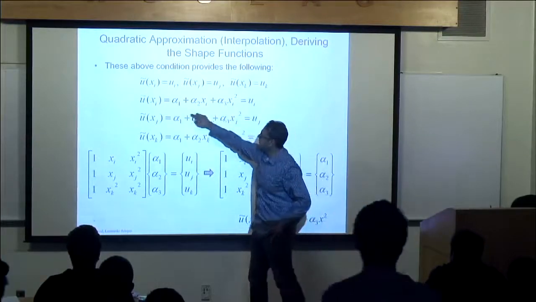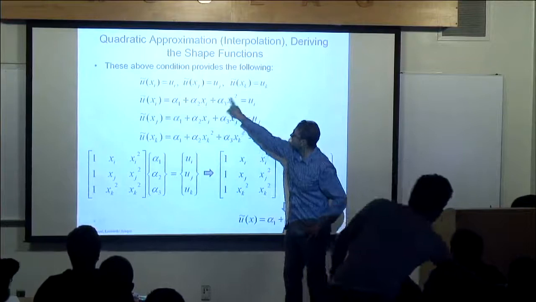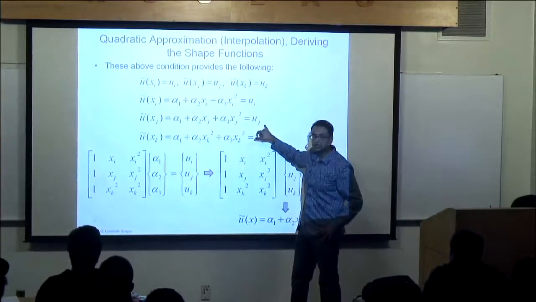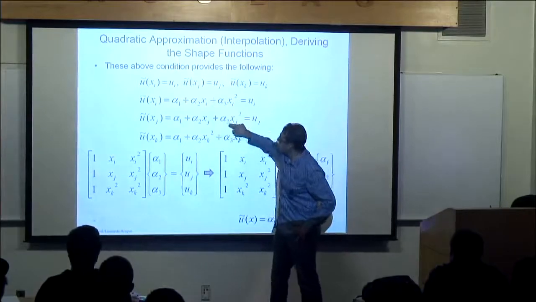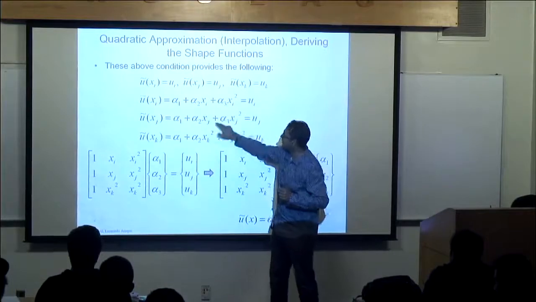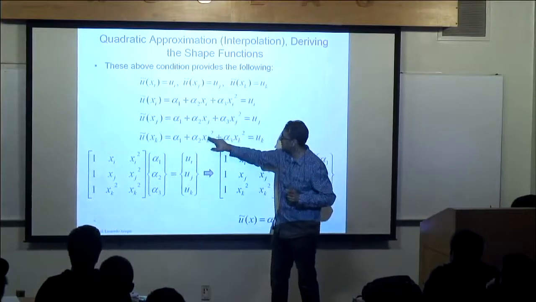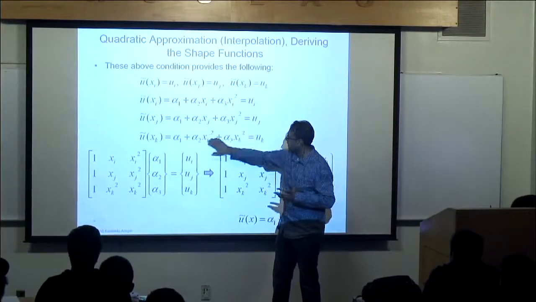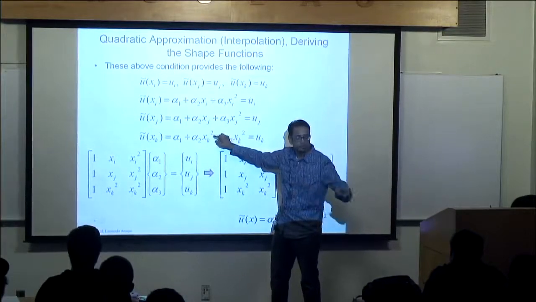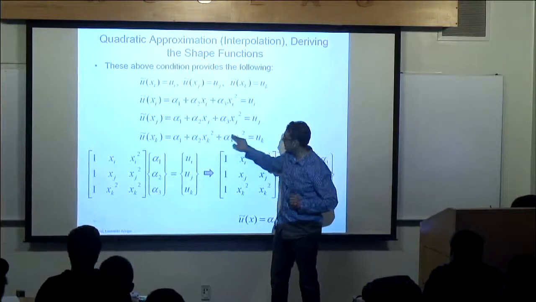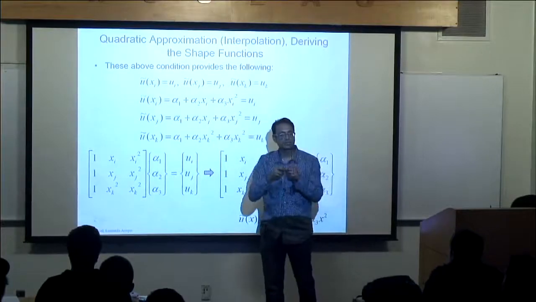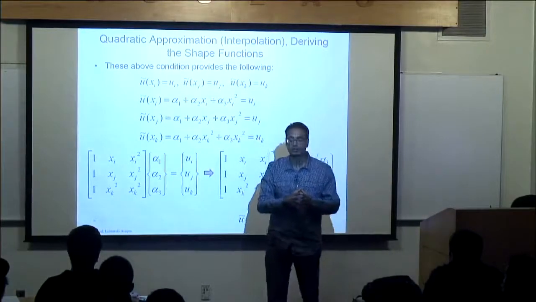What I need to do is plug in xi here, and I know that's ui, and plug xj in here, and I get uj. And remember, these xi, xj, and xk are known quantities. Just assume this could be 0, this could be 1 squared, and this could be 2 squared, that's 4. These will be numbers, and I think there's an error there. This should not be 2. So if you can take a note, that would have been 2, this will be 4, right? So these are numbers, okay? But I'm making it general because I think it's important to understand how things look in a general manner.